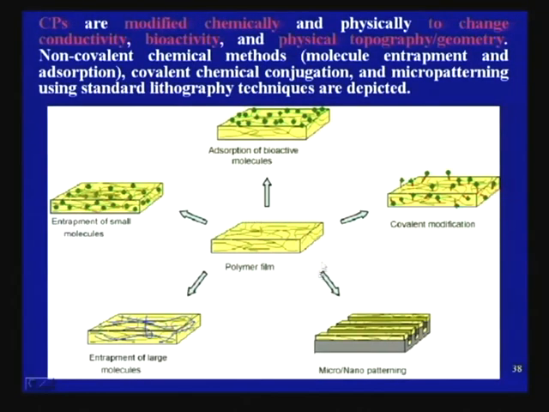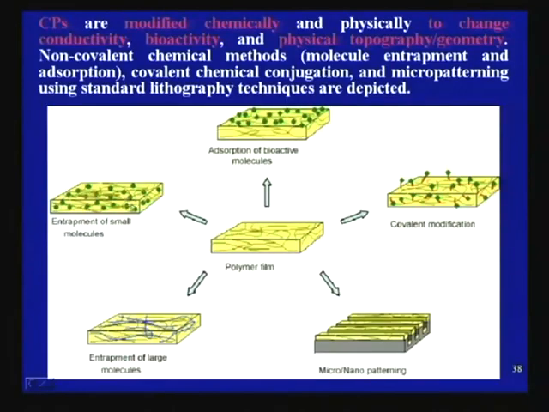So, if you want to modify this polymer film in various ways using these conducting polymers: bioactive molecules can be adsorbed over the polymer film, that means fixing by physical adsorption, or you can entrap them inside the polymer film, entrapment of small molecules, entrapment of large molecules.